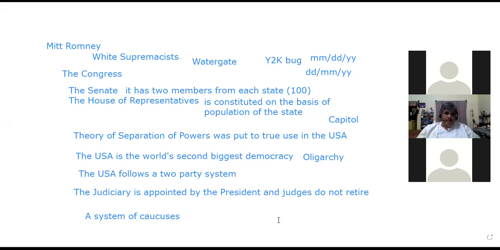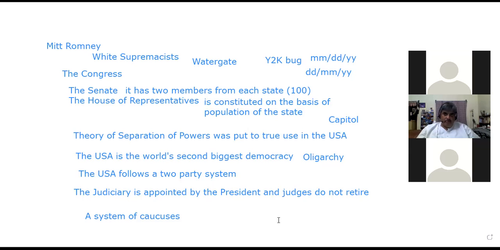And that is when they brought in an amendment, the 25th Amendment, I'm sorry, which basically says that you will have only 2 terms per president.